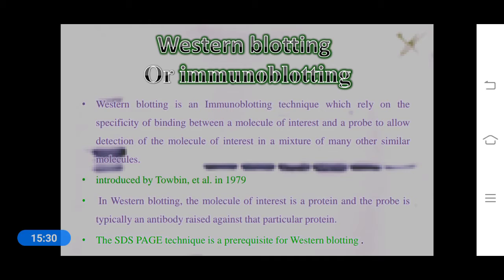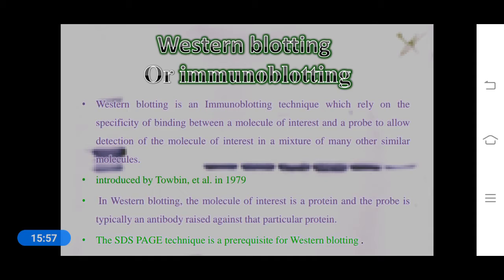So here, specific binding will occur between the molecule of interest and the probe, and these two attach to each other. That means the attachment of the molecule of interest and probe will lead us to detect the molecule of interest in the mixture.